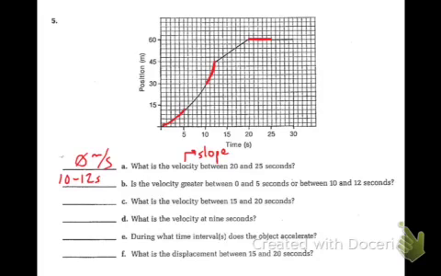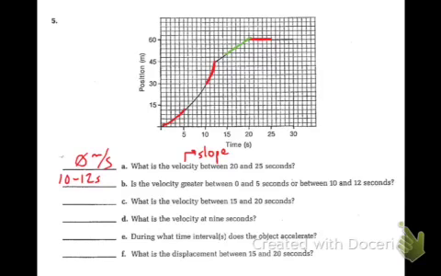What is the velocity between 15 and 20 seconds? So again, we're dealing with slope. So between 15 and 20 seconds is around there. So you want to do change in y over change in x.